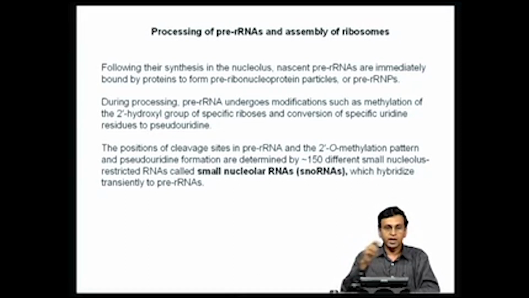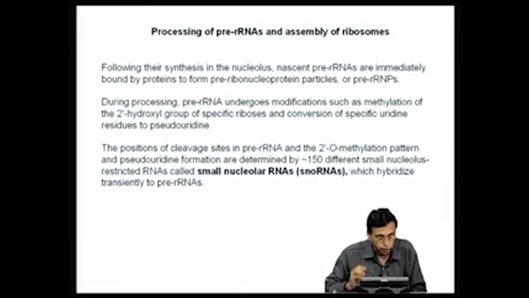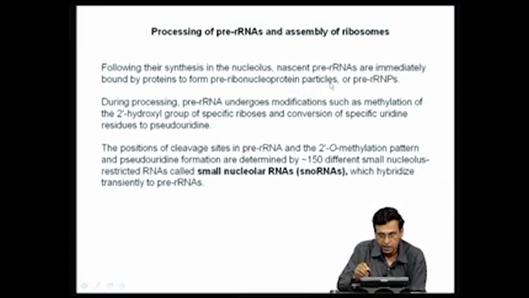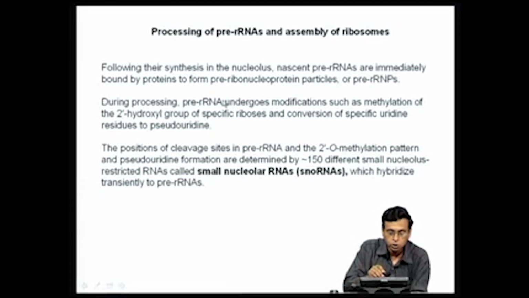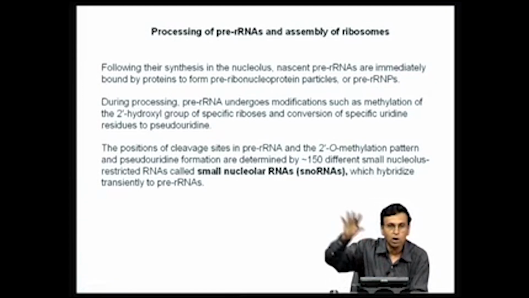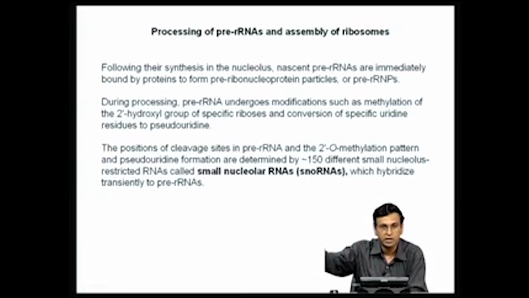Like I told you, a single 48S rRNA is synthesized from the ribosomal DNA, and then this is cleaved into 28S, 18S and 5.8S rRNAs. How does it take place? Following their synthesis in the nucleolus, nascent pre-ribosomal RNAs are immediately bound by proteins to form pre-ribonucleoprotein complexes, called pre-rRNPs. Again, all this is analogous to what we discussed in the case of Pol II transcription.